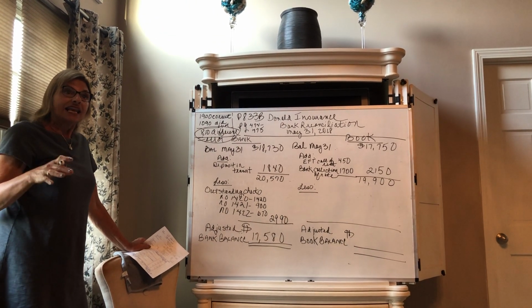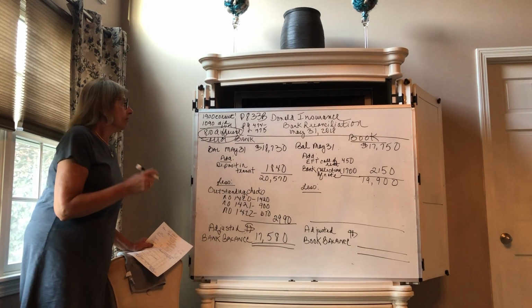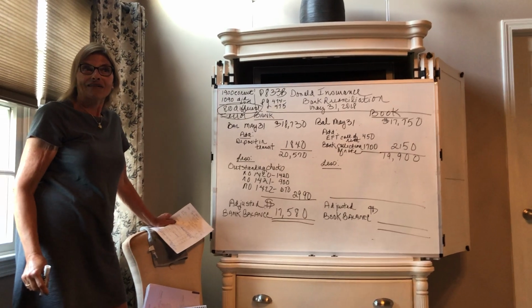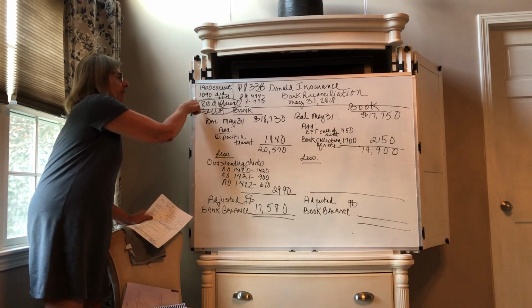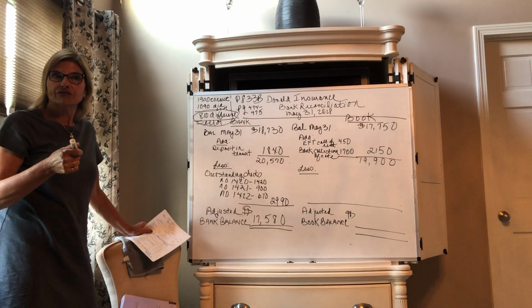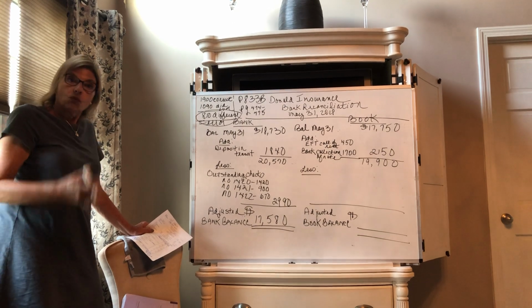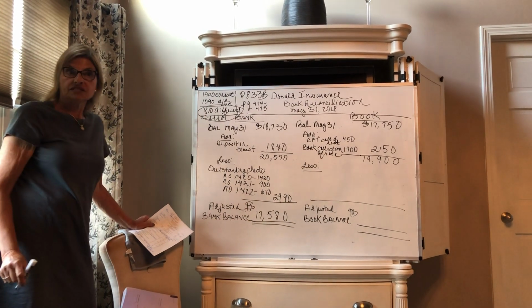Now that we figured that out, okay, what should we do? Well, we underdid cash, right? We only debited rent expense on our entry for $1,090 and credited cash for $1,090 when it was supposed to be $1,900. So we need to take more out. How much more? The amount of the difference.